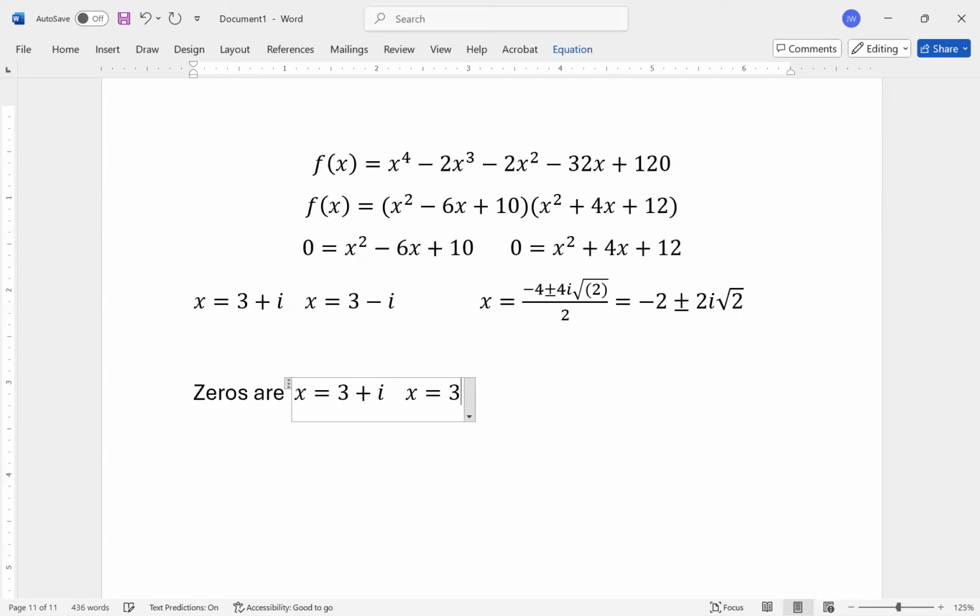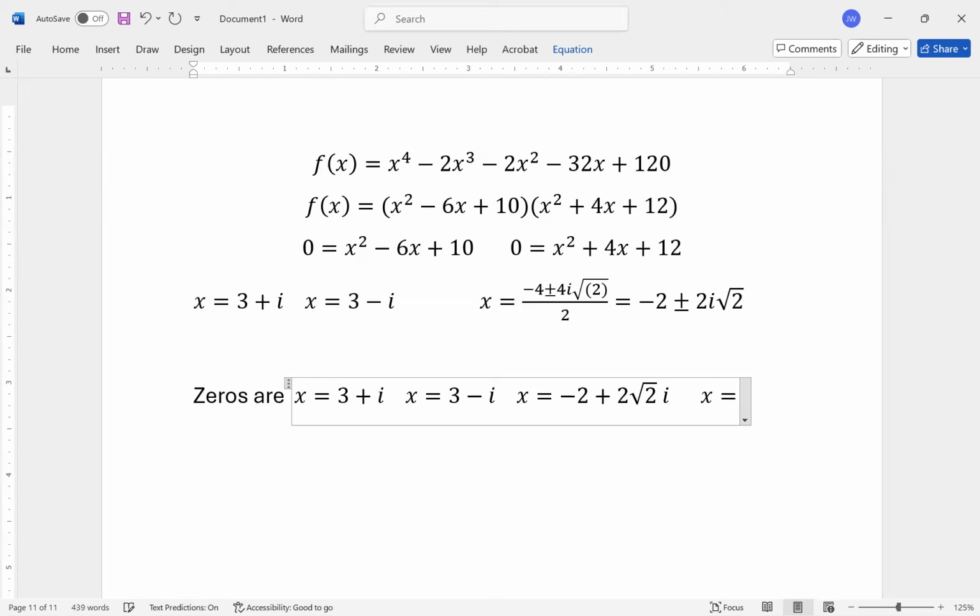We had 3 minus i as a 0. We had -2 plus, and you can say this in a number of different ways. Some people would say 2 times the square root of 2 times i. Others would say 2i times square root of 2. And then the last one is -2 minus 2 times the square root of 2 times i.